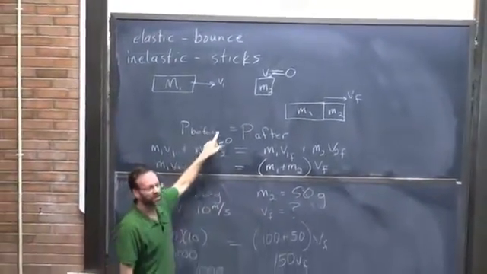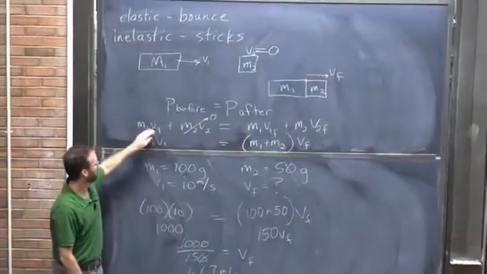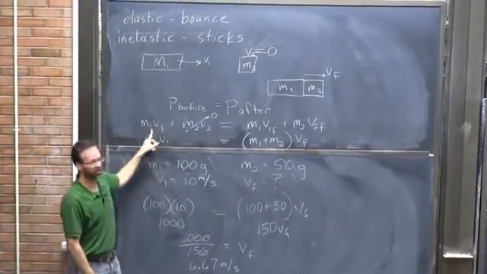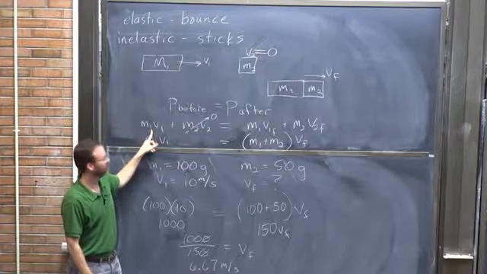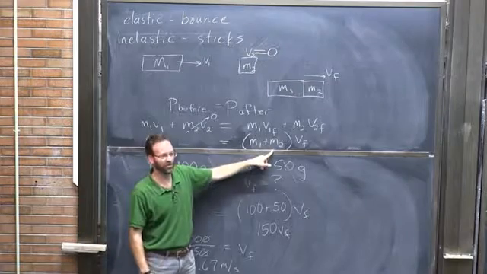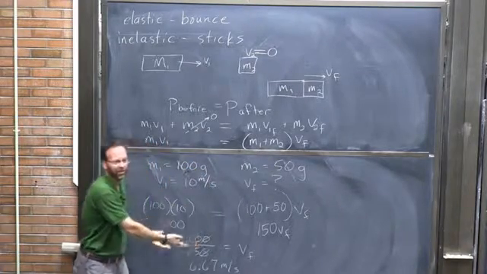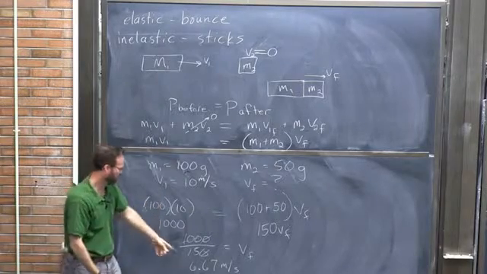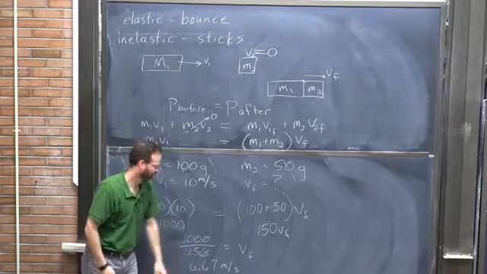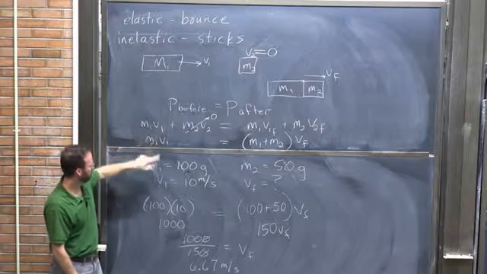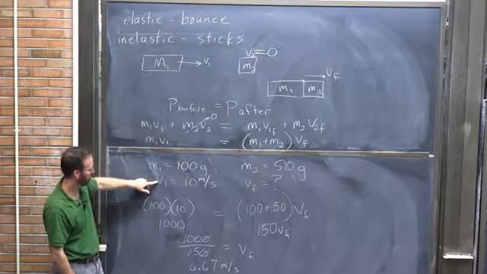Total momentum before has to equal total momentum after. M1 plus M2, and so on. Now it's just the other one that's 0. So this would be M2 V2. But they still combine afterwards, so it's the exact same thing. You'd still plug in the numbers and just get a different value, because instead of M1 and V1, it'd be M2 and V2.